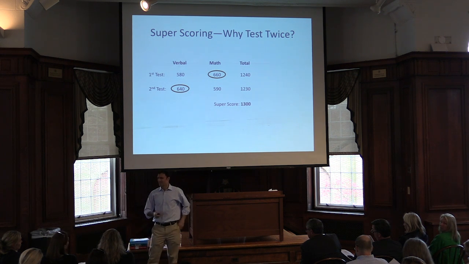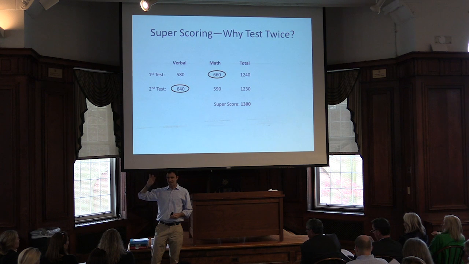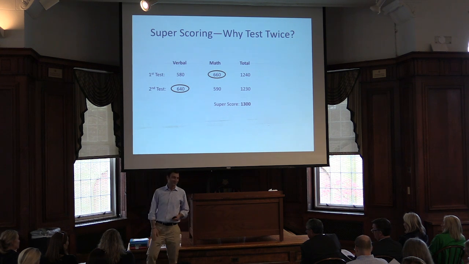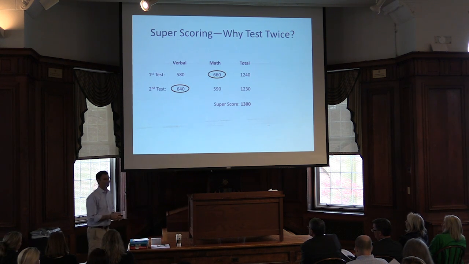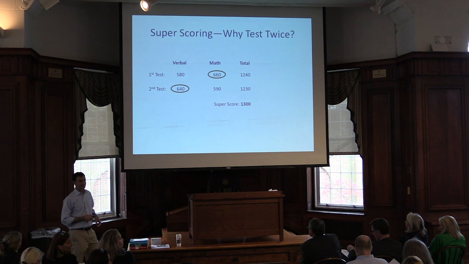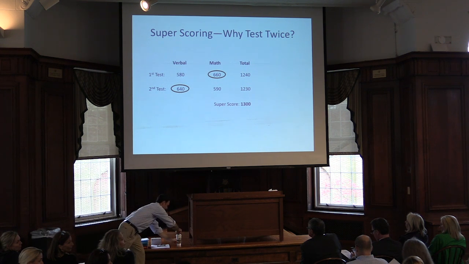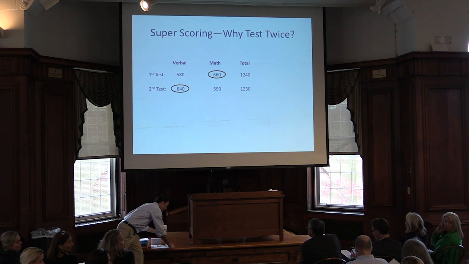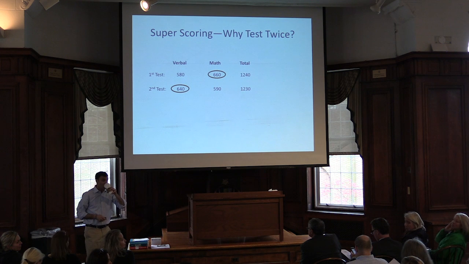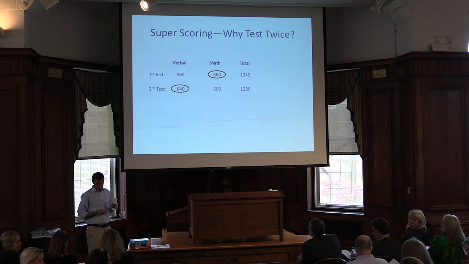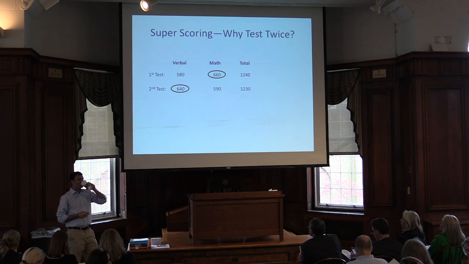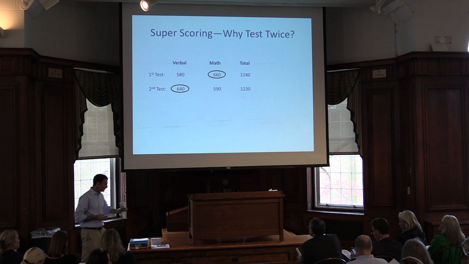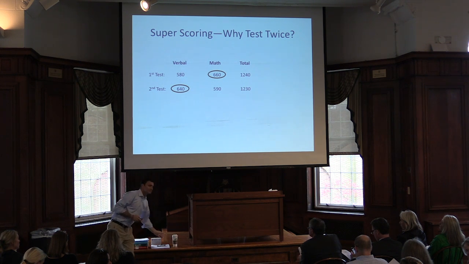But I think part of it is that the ACT has 4 sections, so super scoring tends to kind of skew the data more than 2. So, I seem to recall that a student took the SAT twice, did really well in one of the sections, wanted to take it again in the other section.